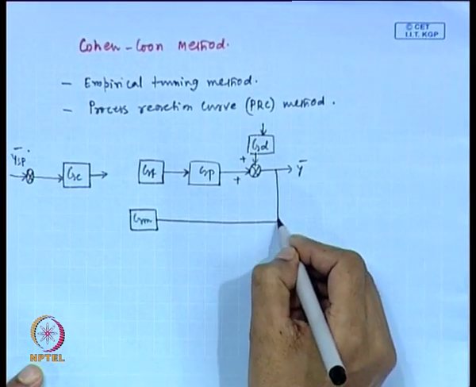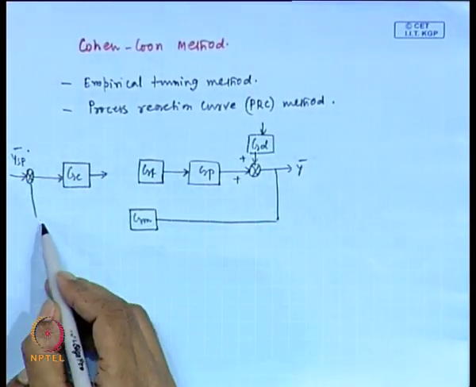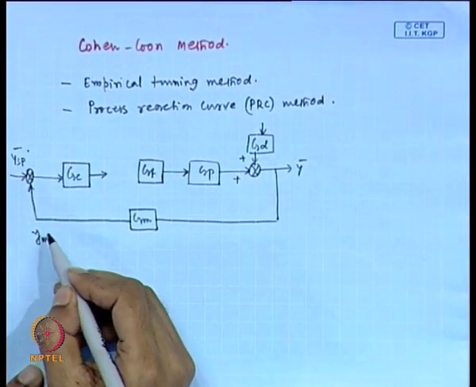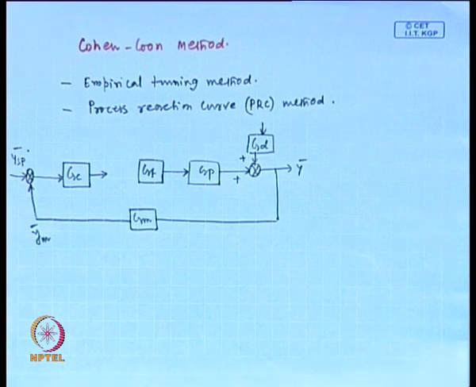This process output is connected with the block of measuring device and the measuring device output is Ym bar.